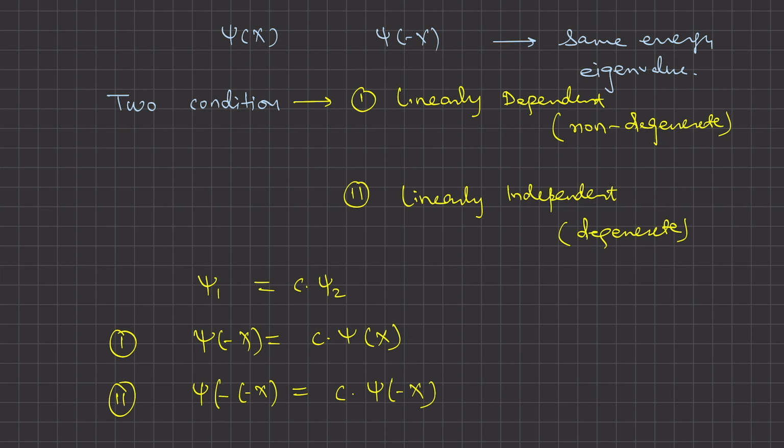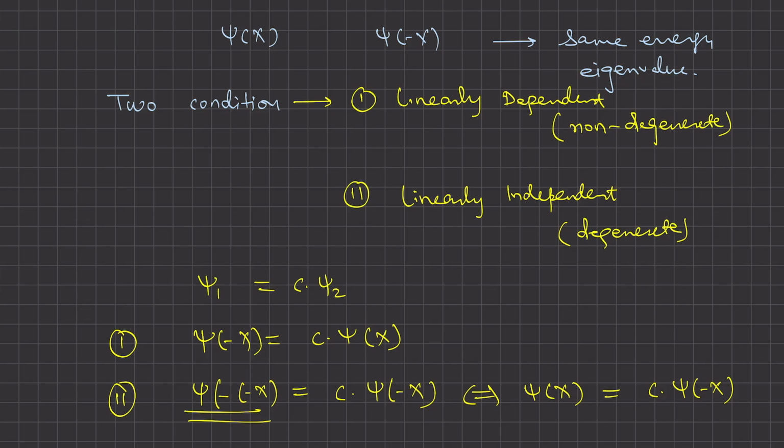And now you can see that this psi of minus x is actually psi of x. If you reflect something two times, you go back to the same condition. So this is psi of x and this is c times psi of minus x.